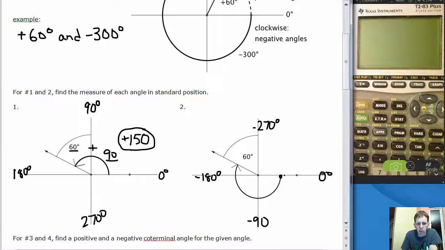So in this example, we are traveling in a clockwise direction, going this direction, so our answer is going to be negative. If we travel from here to here, we've traveled 90 degrees. If we go halfway around the circle, that's 180. Now we've traveled 180 plus this little bit. What's this little bit? Well, it's not 60. 60 is this measurement right here. So this is sort of the leftover part.